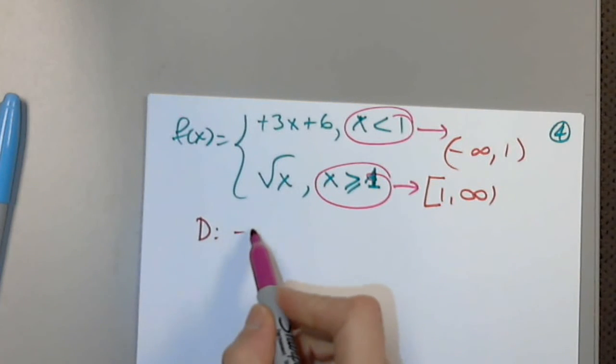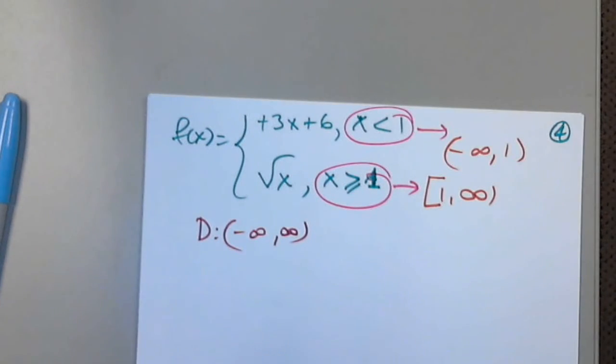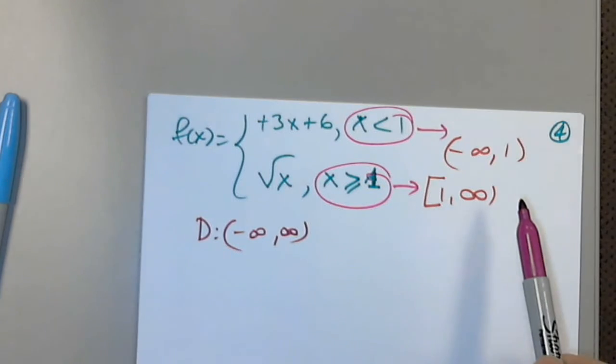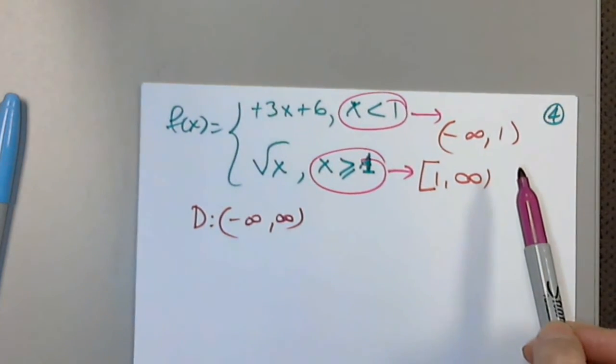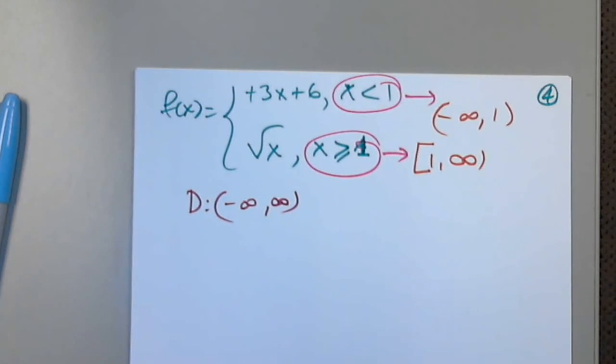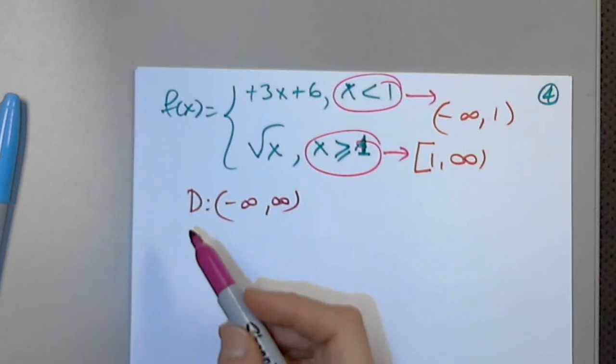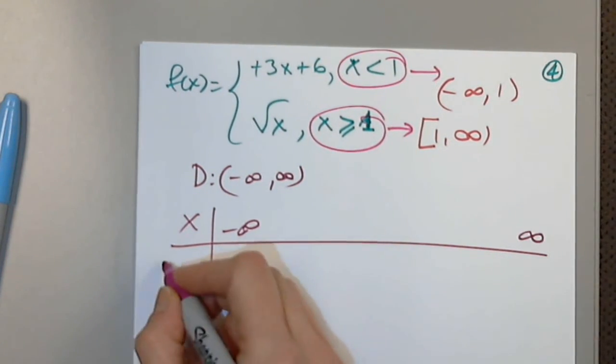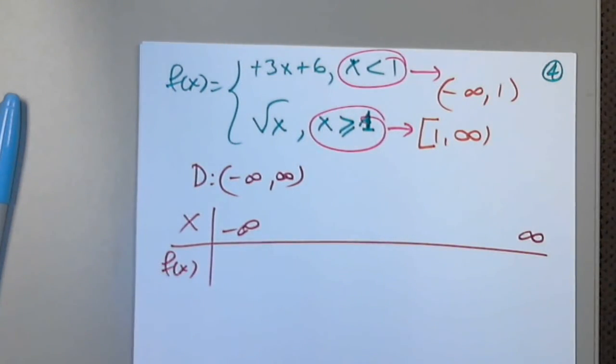Negative infinity to infinity. Do you all agree with that? So negative infinity to 1, 1, and everything between 1 and infinity. Agreed? Questions? Is this okay? Very good. So that's how I start. Negative infinity to infinity, and this is f of x.